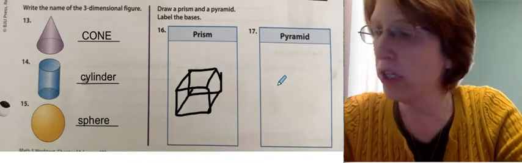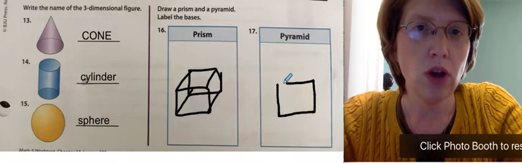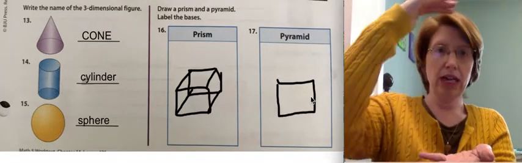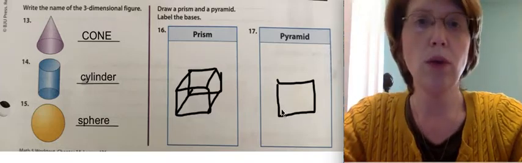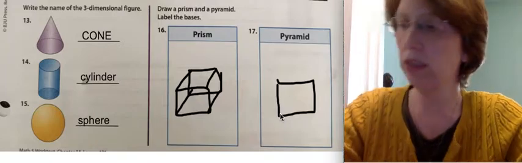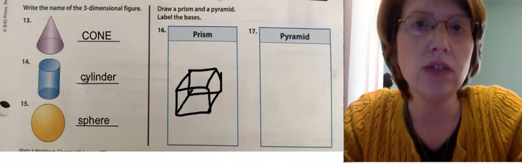Okay, now let's do the pyramid. We're going to do a square pyramid. So our pyramid is going to have a square, but instead of having two faces, a square and a square, this one has to come to a point. An easier way to do it would be to draw it first like a diamond.